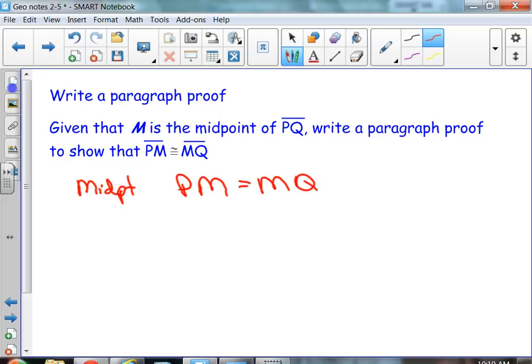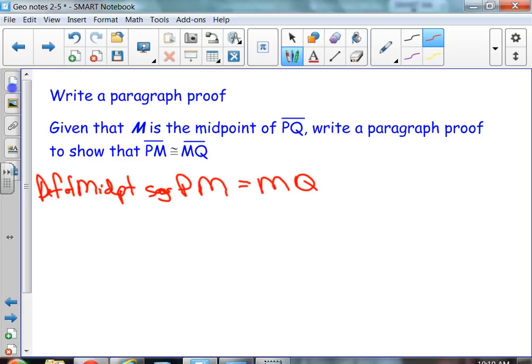Okay, we know that by definition of midpoint, and you can write that up there. Definition of midpoint says if M is the midpoint of PQ, then PM is equal to MQ.